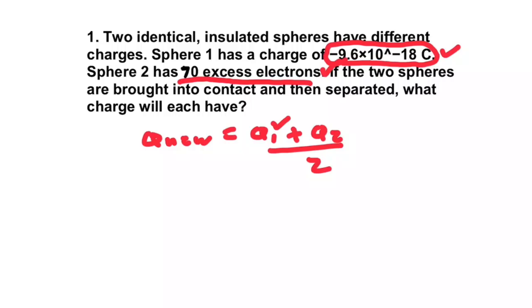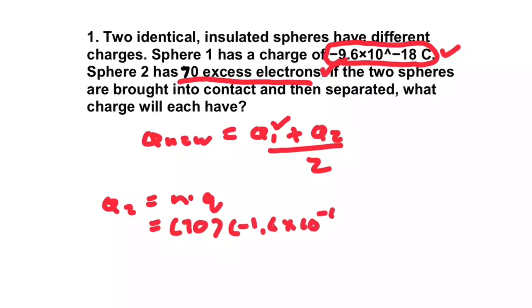So the charge of sphere 2 will be equal to the number of electrons it has in excess multiplied by the charge of an electron. So how many electrons does it have in excess? It has 70 electrons, and the charge of an electron is minus 1.6 times 10 to the minus 19 coulombs. One electron carries a charge of minus 1.6 times 10 to the minus 19.